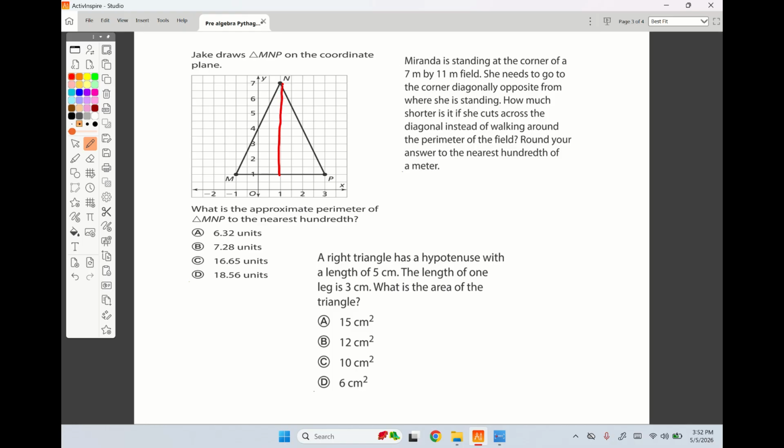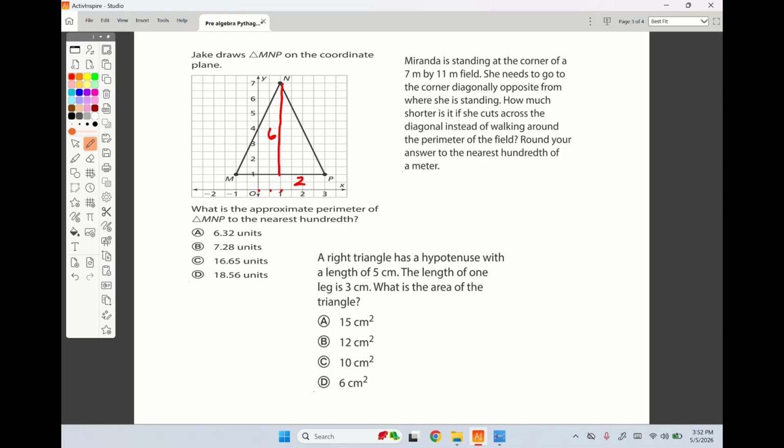And now we set it up to find the measurement of NP. This measurement over here, our C value, hypotenuse. So 6 squared plus 2 squared equals C squared. That gives you 36 plus 4. And then the square root of 40 will give you the measurement, 6.3. So now we can label all our sides.